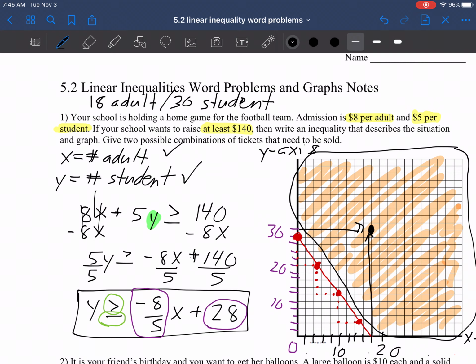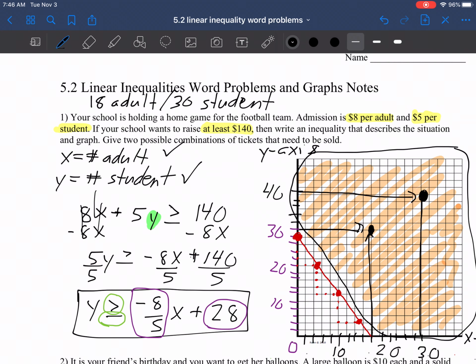Let's pick another one. So 18, 20, 22, 24, 26, 28, 30. Let's do that. 30 for X, and I'll just go up to, we'll stop like here. So 30, 32, 34, 36, 38, 40. So I'm going to pick this dot as well.